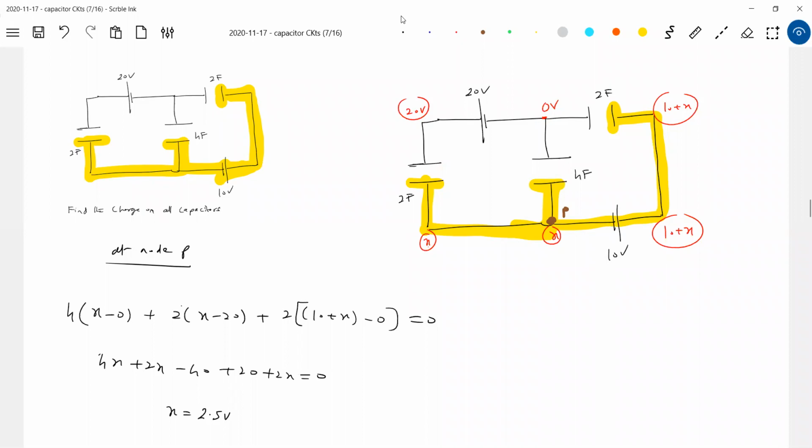Now, the biggest problem for you: there is a battery here. You need to bother only that the charge of these plates is conserved. So Q1 plus Q2 plus Q3 equals 0. What is Q1? Potential difference into capacitance. That we write directly here, because teachers should not write Q1, Q2, Q3.